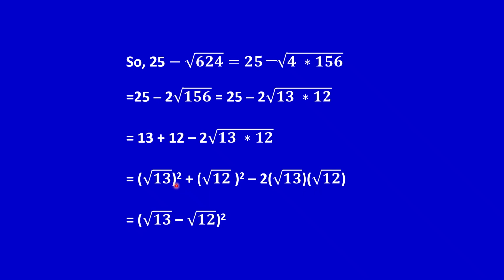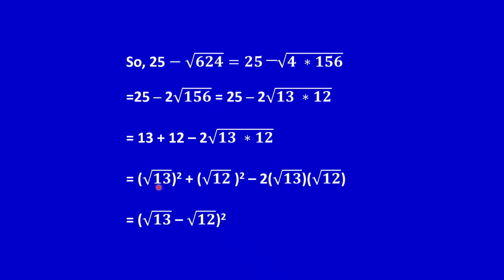So what we are getting? Root 13 whole square plus root 12 whole square minus 2 into root 13 into root 12. Now this is of the form a square plus b square minus 2ab. Root 13 is a and root 12 is b.